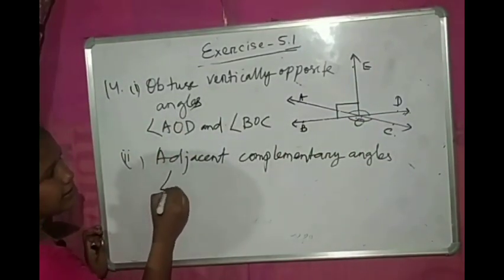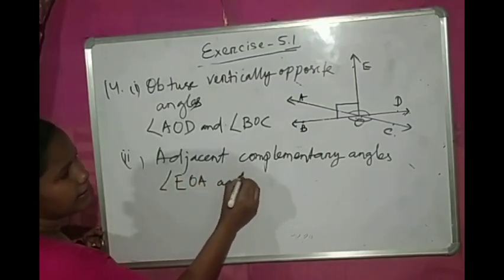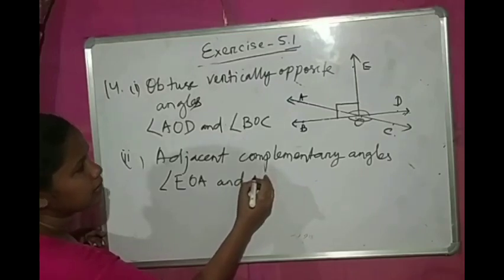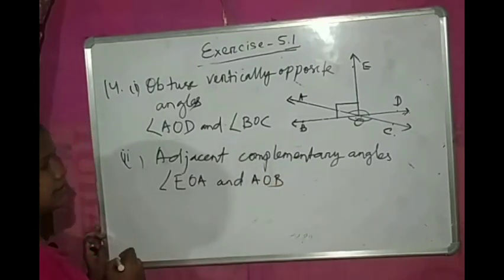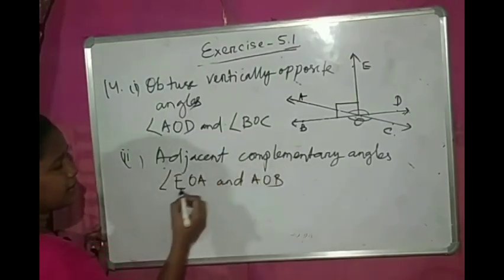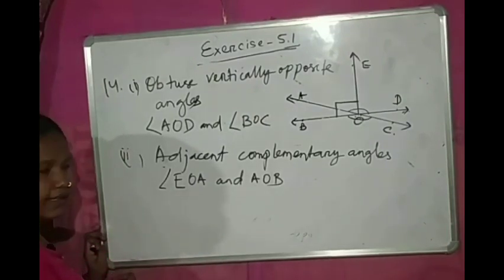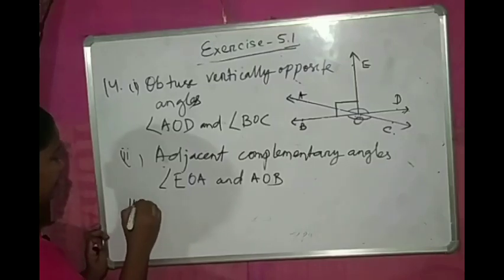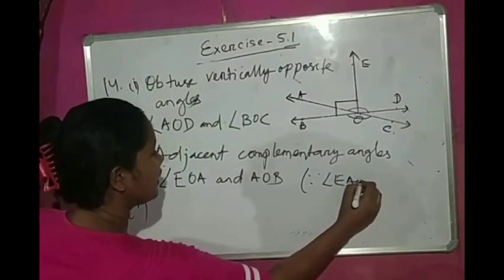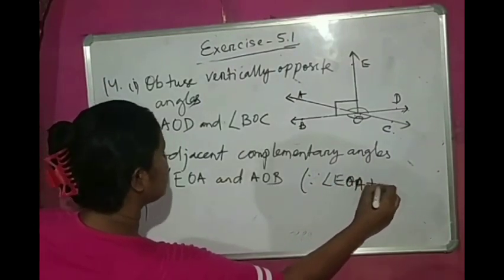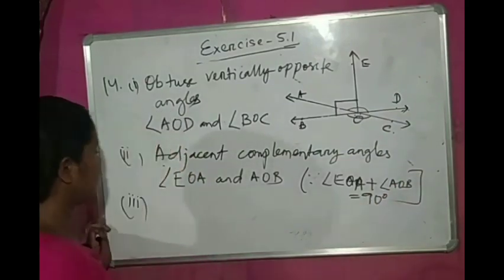That's why angle EOA and angle AOB are adjacent complementary angles, because the sum of EOA and AOB is equal to how much? 90 degrees. You can write angle EOA plus angle AOB equals 90 degrees.